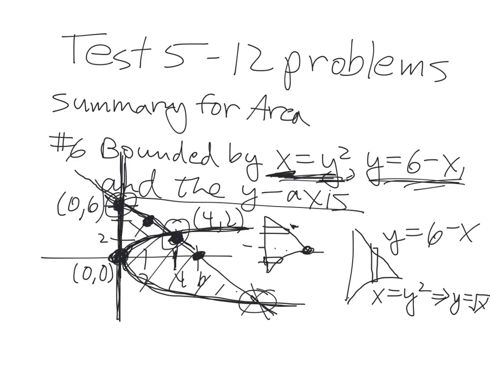So we'd have to set it up in two integrals, go from 0 to 2 in terms of y, and then from 2 to 6 in terms of y. So sometimes it's helpful to go horizontal, but in this case, it's best to go the vertical because we only have to set up one integral.